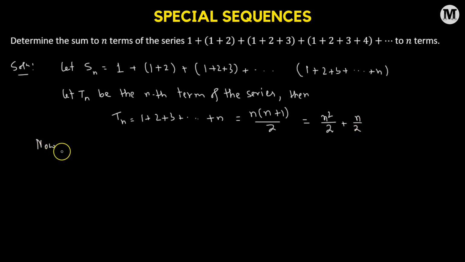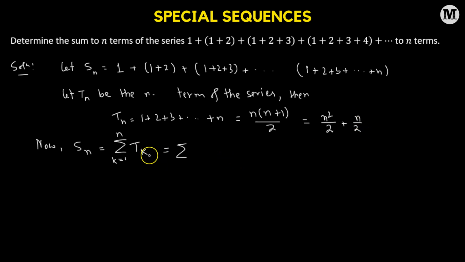Now our goal will be to find out Sn, but Sn can be expressed in a compressed form as summation Tk. All we have done is replace the index n with the index k, where k runs from 1 to n. So now we use Tk. So Tn is given by n squared over 2 plus n over 2.